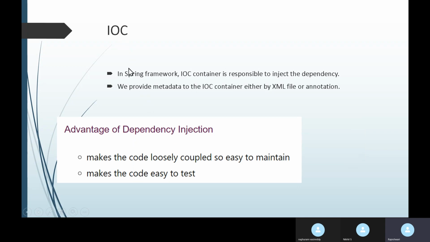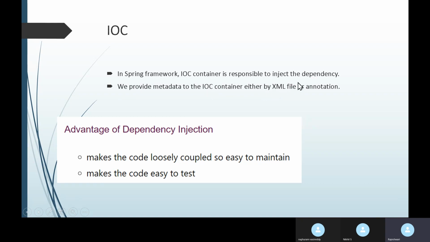So in the Spring Framework, the IOC container is responsible for injecting the dependency. So this will be blank for you. Don't worry about that. We will wait for the coding part, then you will understand. Okay, we provide the metadata of the IOC container through an XML file or annotation. So this is important.